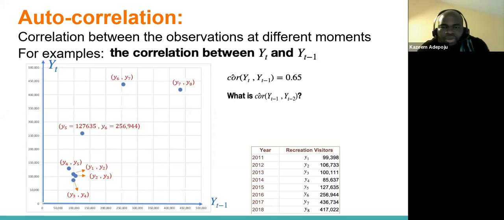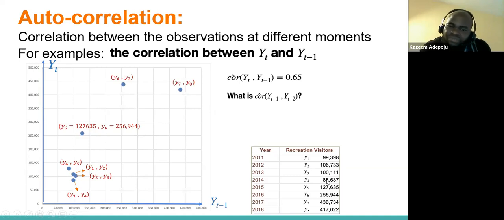So what we have done here right now is just to find the correlation between the YT and the lag of that. But the lag that we consider here is lag 1. Do you know that we can also find a correlation between lag 1 and lag 2? We've got code where, if I want to get lag 1 and lag 2, I'm going to get that from this data set.